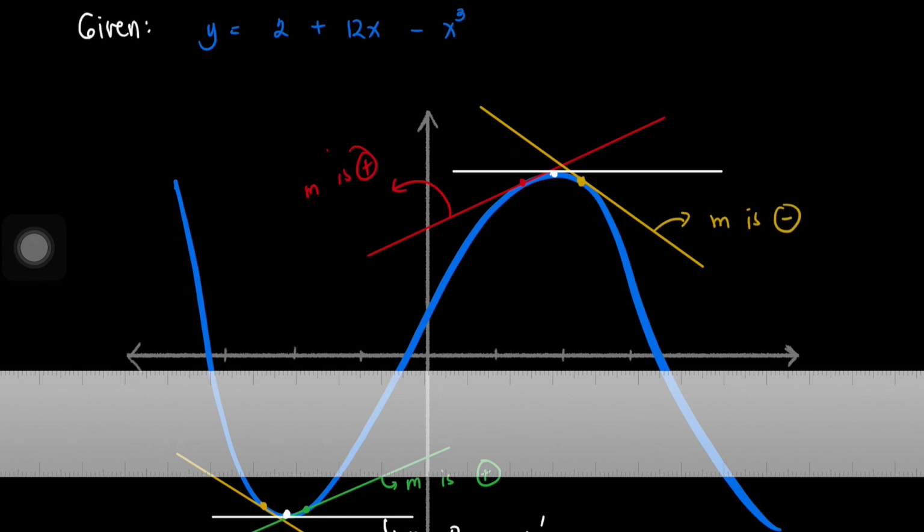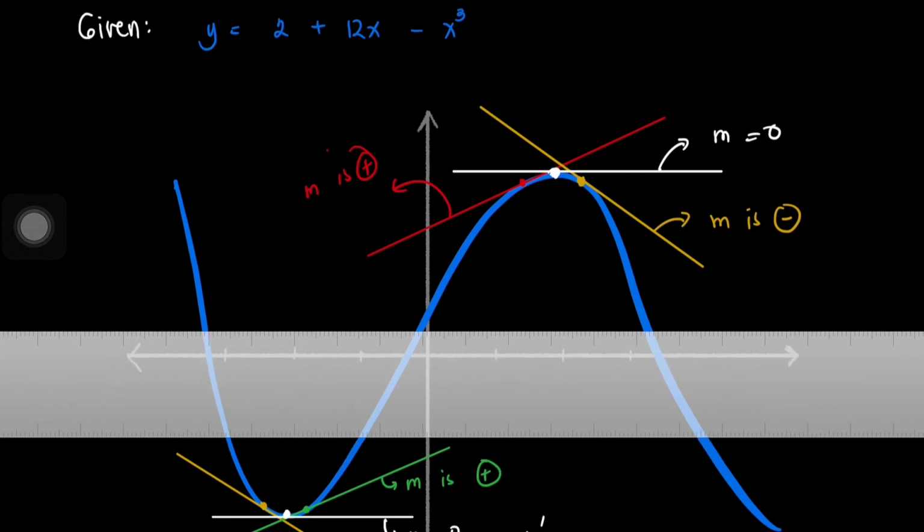Now at this point, the slope is equal to 0. And it is obvious that there is a change in slope from positive to negative. Therefore, we can say this point is also a critical point.